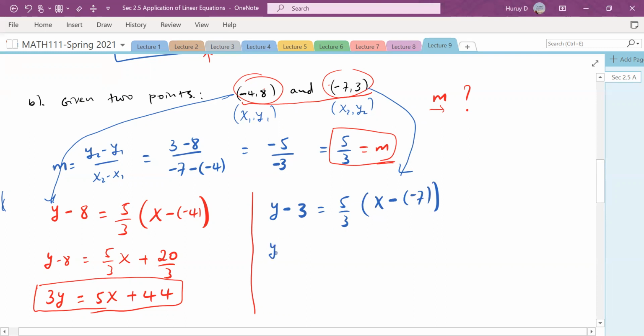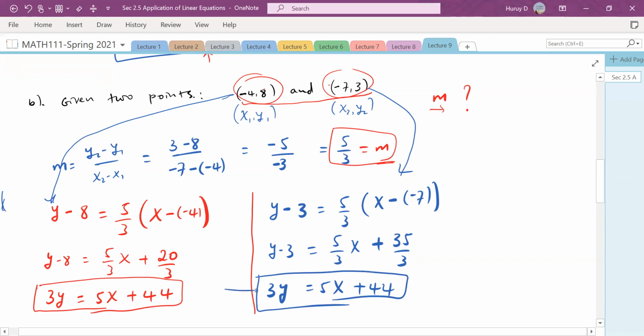Here we have y minus 3 equals 5/3x plus 35/3. If we simplify this, we get 3y, this 9 goes to the other side, 44. So we have 44, and as you can see, we get the same equation.